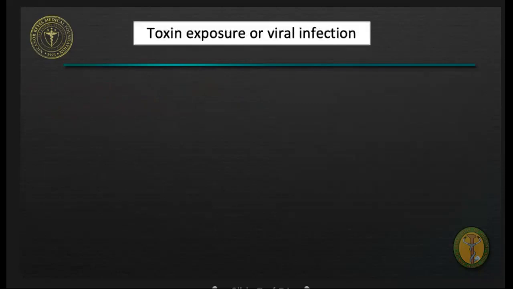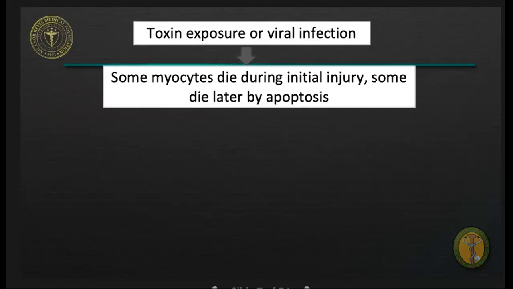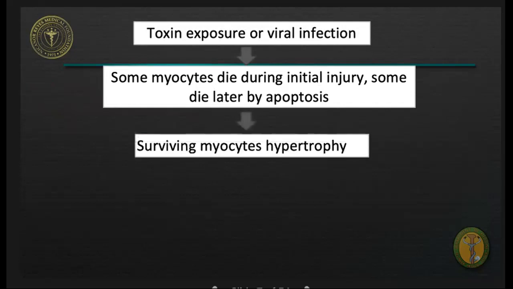The pathophysiology of dilated cardiomyopathy begins with exposure to toxin or viral infection as the inciting event. This will cause injury to the myocytes, which will cause death of some myocytes, while other myocytes will compensate by hypertrophy to accommodate the increased burden of wall stress.